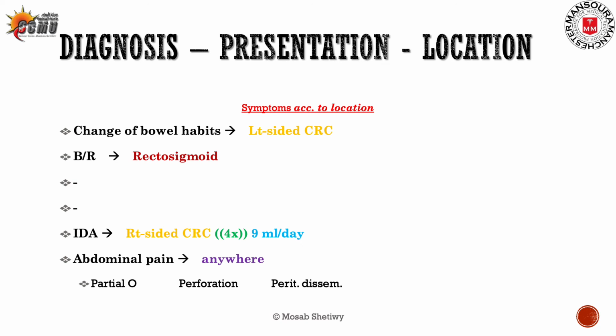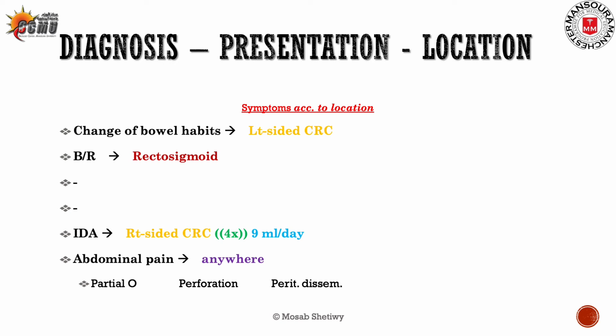According to locations, as we've mentioned previously, changes of bowel habits are more likely to be with lesions on the left side because they tend to be of the ulcerative type, while on the other hand, chronic bleeding from a mass on the right side may cause iron deficiency anemia.